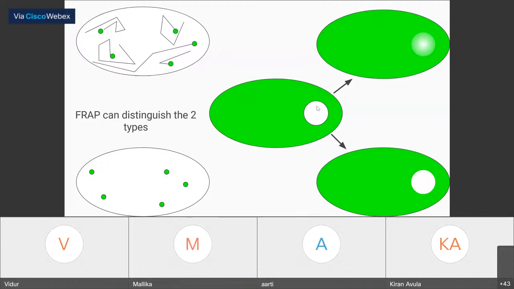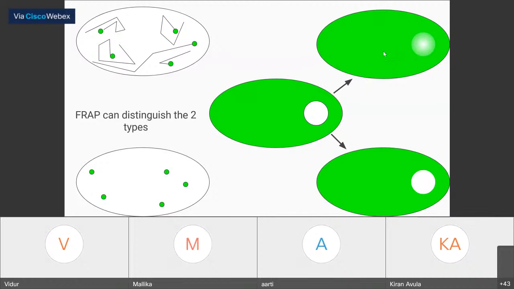This can be done by using a very high intensity laser, which keeps the fluorophore at an excited state for a long time so that a reaction can occur. So this leads to a complete loss of the fluorescence where the laser was shining. And over time, how fluorescence recovers from the steady state of the cell towards this bleached portion is what yields the measurement.